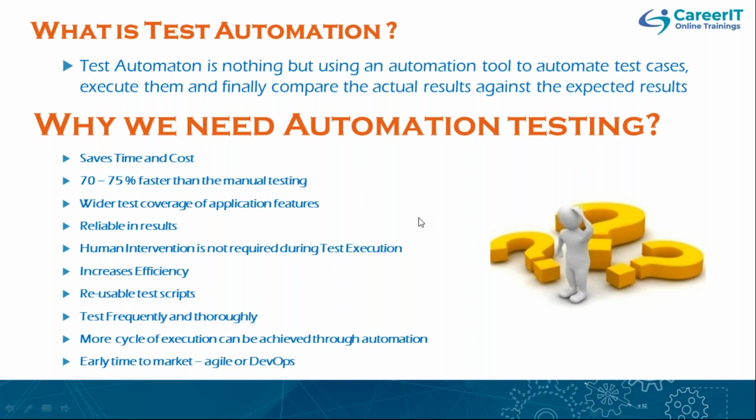In our current agile and DevOps methodologies, everyone working in an agile model wants to release new features and enhancements of the application to the market early. If you have automation in place, you can test your application in a much faster way, find the reports, make your application stable, and release your application early to the market.